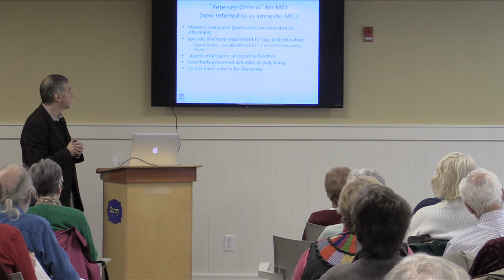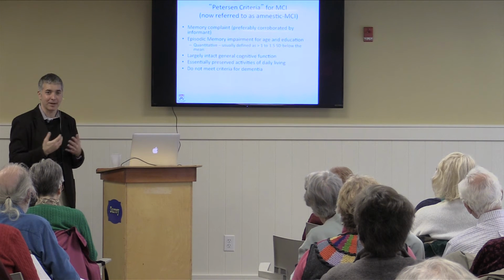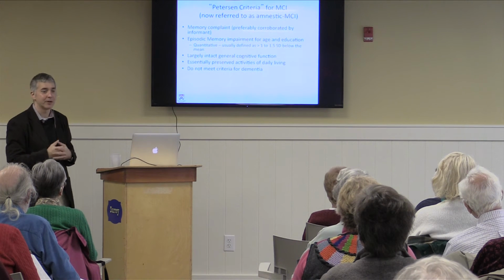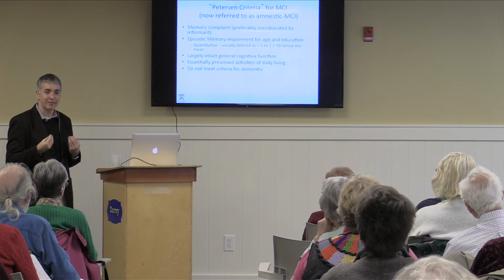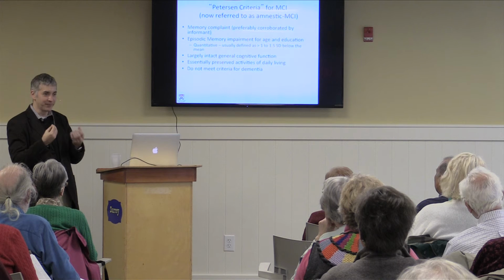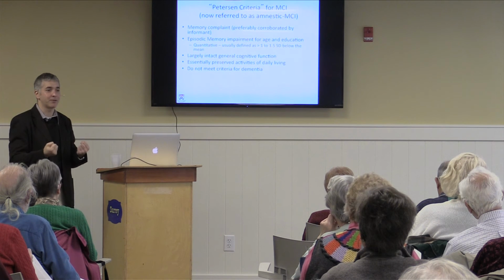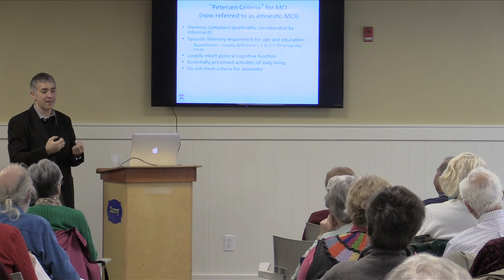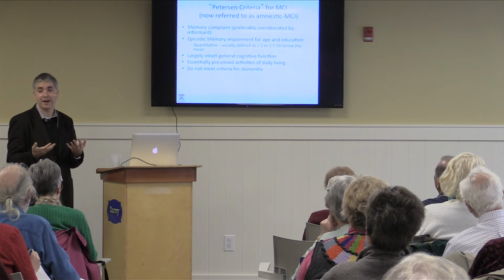So basically, it's when people have a memory complaint or some other aspect of memory or thinking, maybe language is a problem, and they show some objective evidence of impairment on testing. So we do some kind of memory test with them, and they say they have a problem, maybe their spouse says they have a problem, and then we do a test and it shows they're a little bit below what we expect for their age.